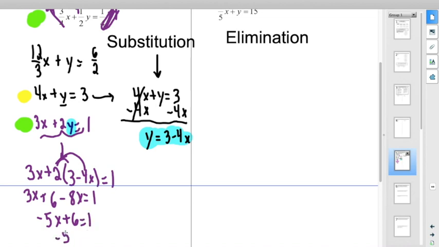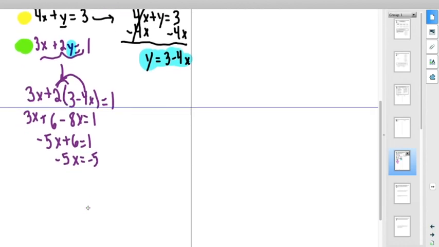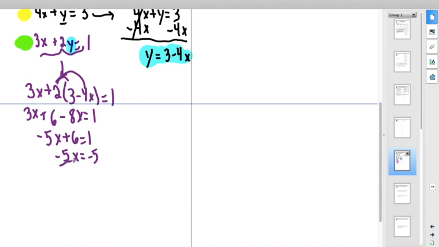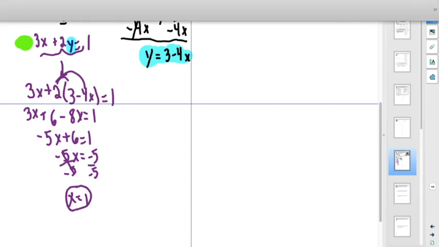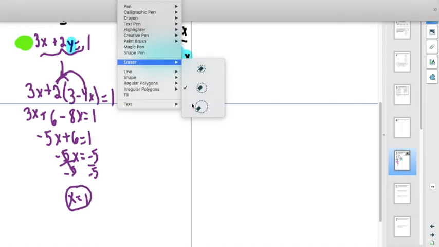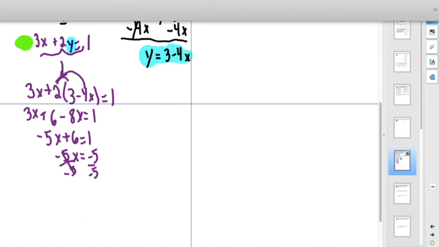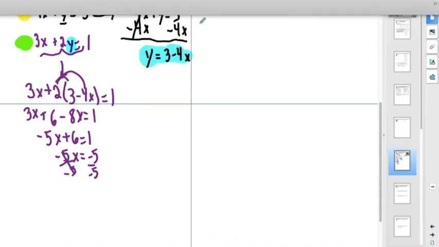Trying to get x by itself, so I'm going to subtract 6 from both sides. 1 minus 6 is negative 5. So now this is one of those easy ones. I just got to divide by negative 5 on both sides. So x equals positive 1.